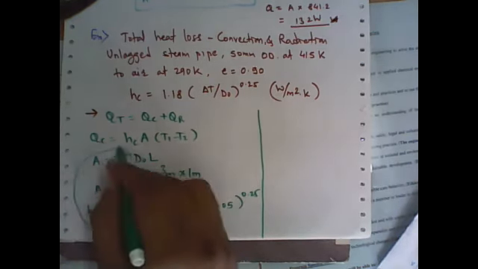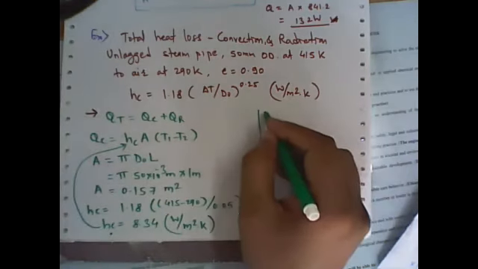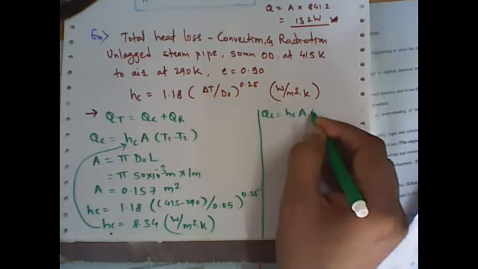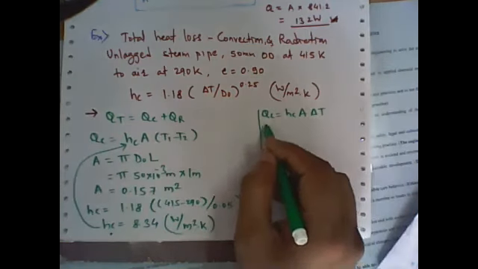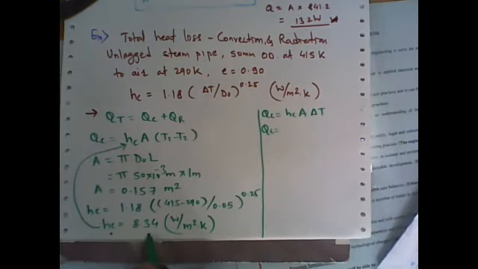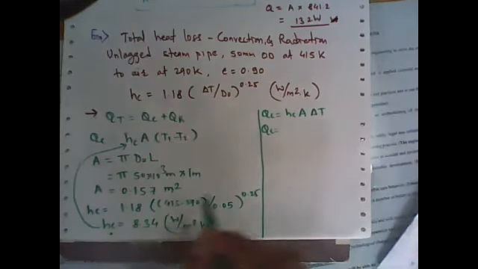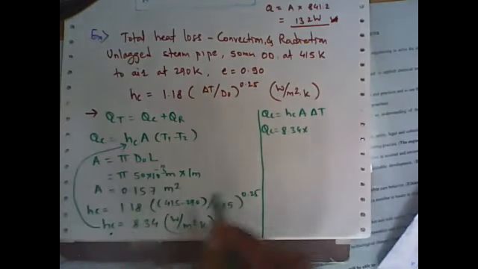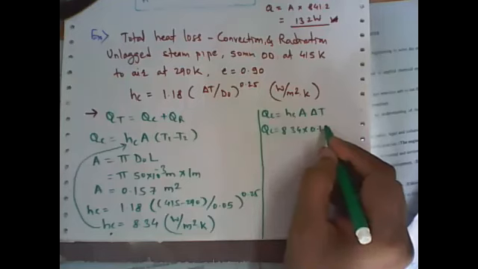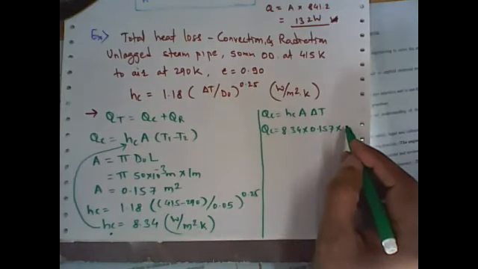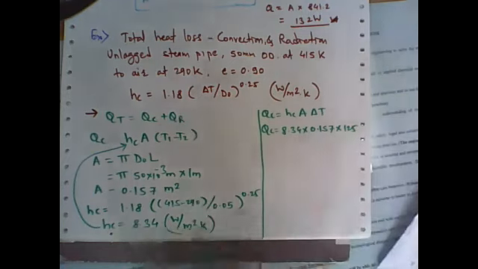Now we can calculate QC: HC is 8.34, area is 0.157 and delta T is 125.